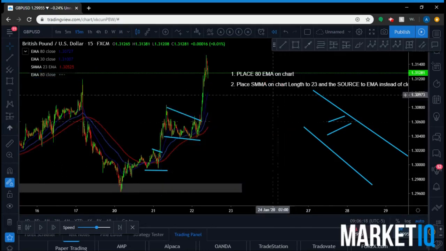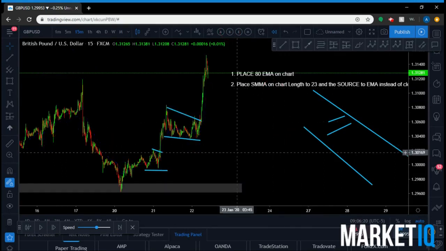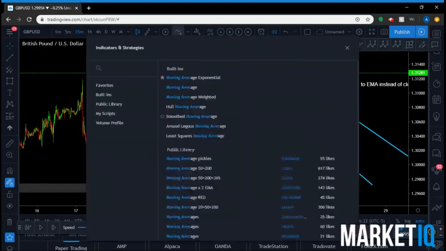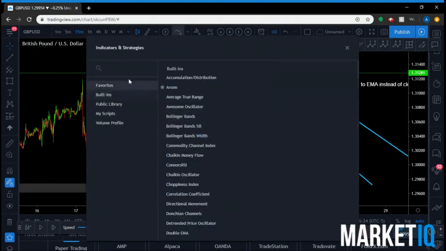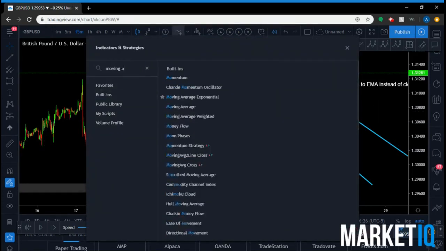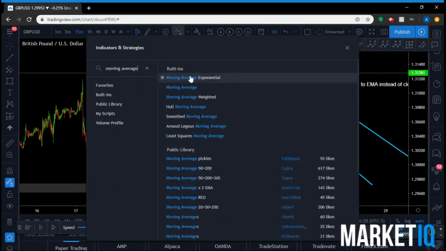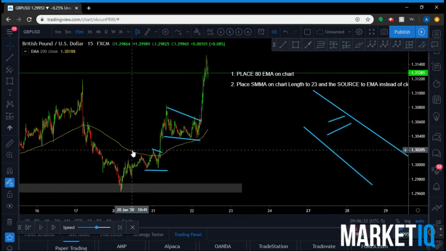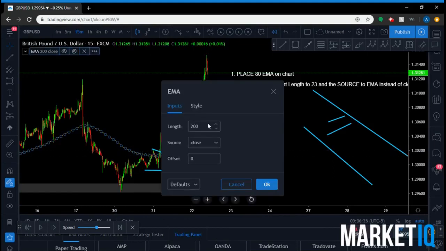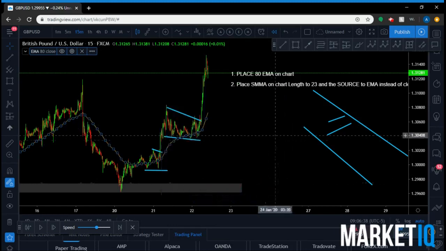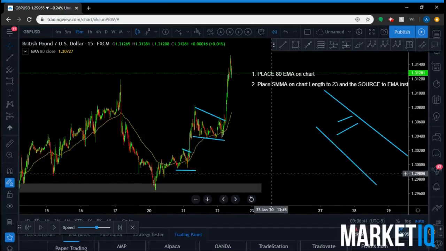And then put it on your chart. And actually, let me do this on a blank chart so that I can show you guys from scratch. So we'll go moving average. Moving average exponential. We'll get that on there. We'll switch that to 80. So now we've got our 80 EMA on the screen. Step one is done.